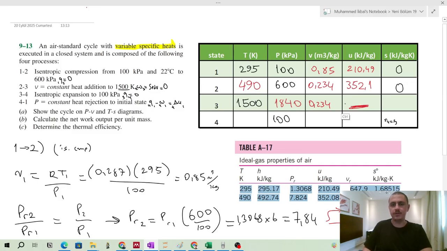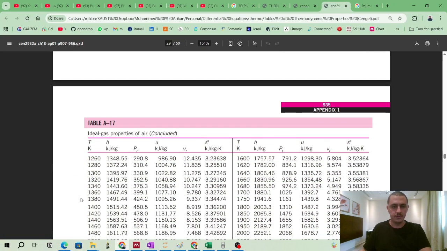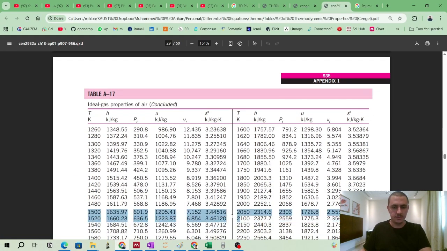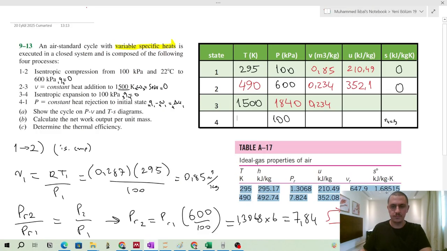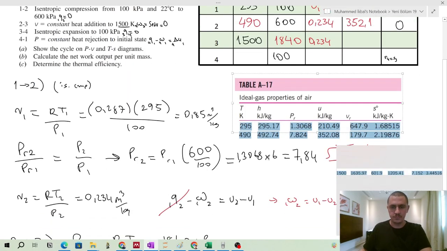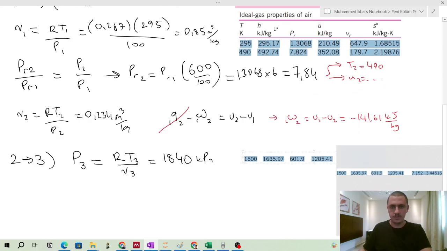And what about this one? It's related to temperature, so let's go to the table and find it. This one.